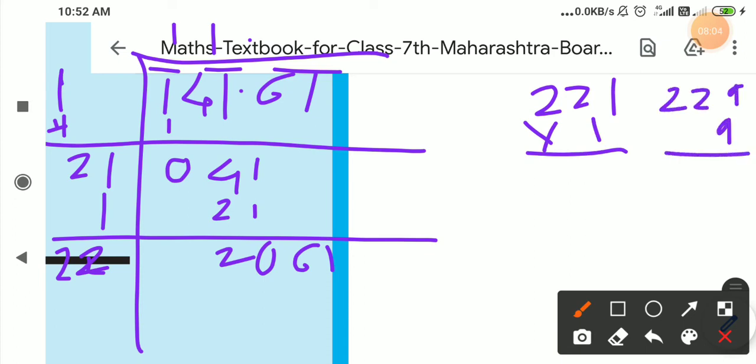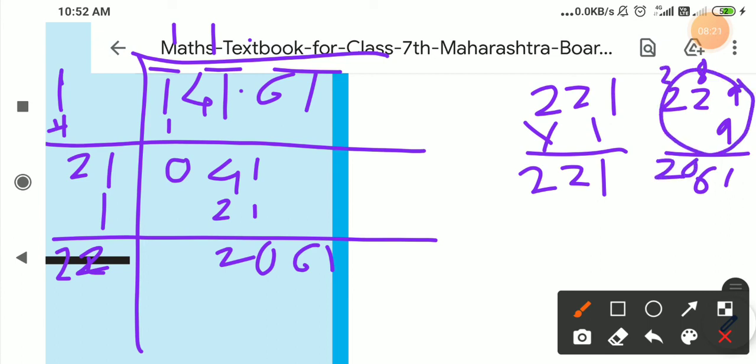So do the multiplication. 221 ones are 221, and 9 nines are 81. 8 carry, 9 twos are 18, 18 plus 8 is 26. 9 twos are 18 plus 2 is 20. So if you do the multiplication 229 into 9, you will get this answer. So we have to put the number 9 here. So 0.9, and here 2061.